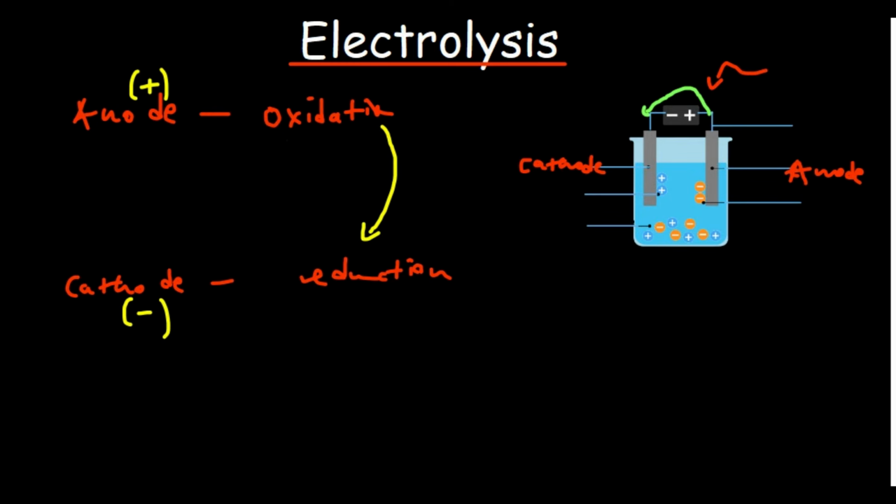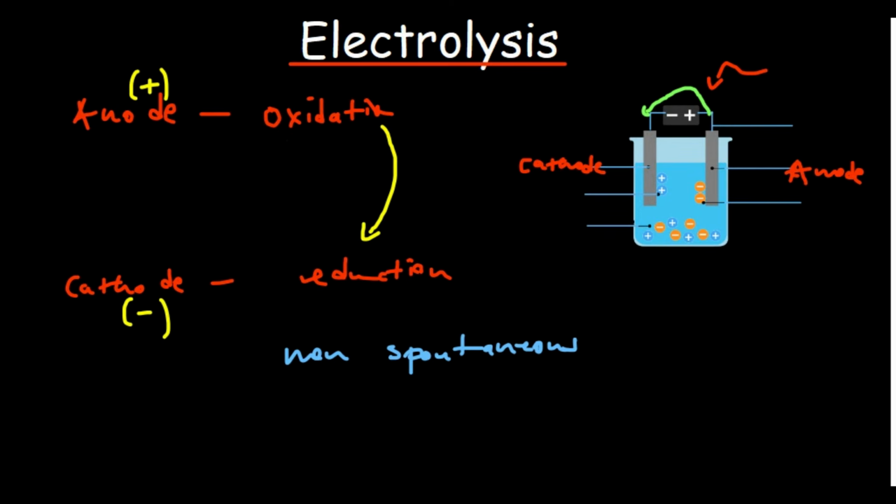We're forcing electrons to move. They don't flow naturally, so we call that a non-spontaneous reaction. If you remember, under a galvanic cell we said the reaction is spontaneous, meaning that it occurs naturally without usage of an external power source.